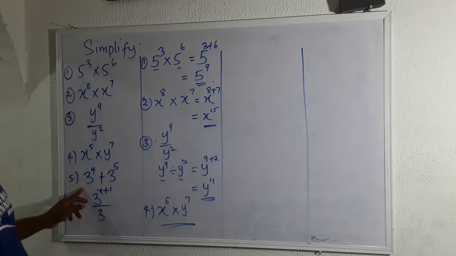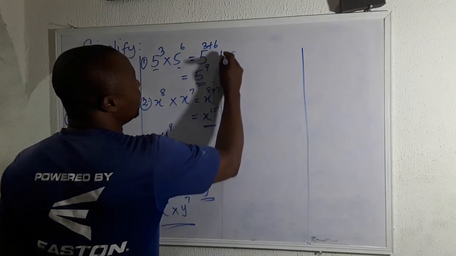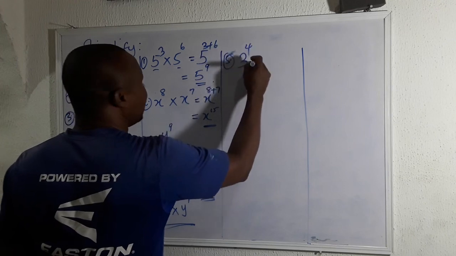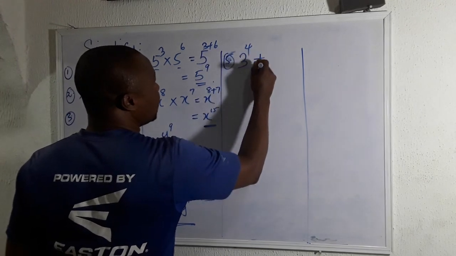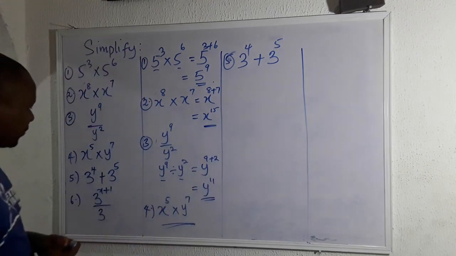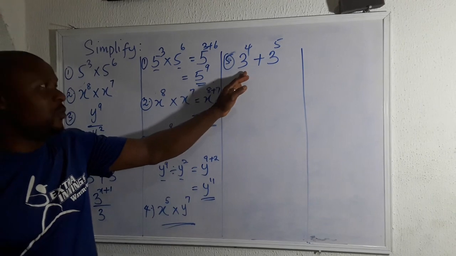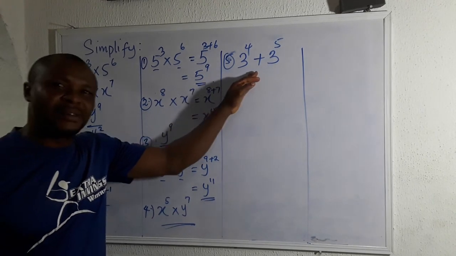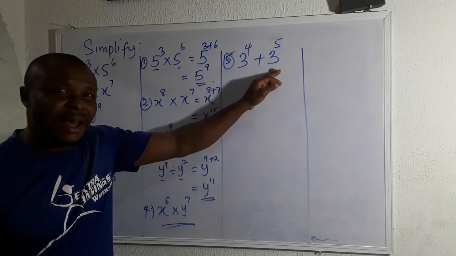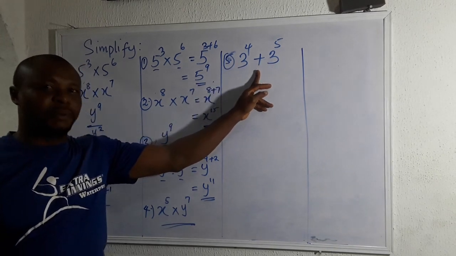Then the 5th question is 3 raised to power 4 plus 3 raised to power 5. Now, right here, though the bases are the same, we can see that the sign in between the bases is neither division nor multiplication.